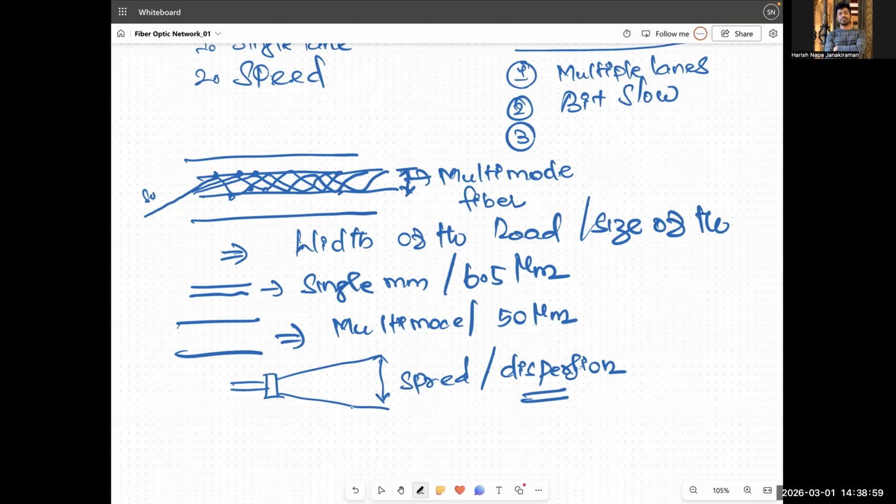This broadening, what will happen eventually if you keep on broadening? You might not see it at all. So you don't want it. Another question. You remember that in Chennai airport, there is a small hill.